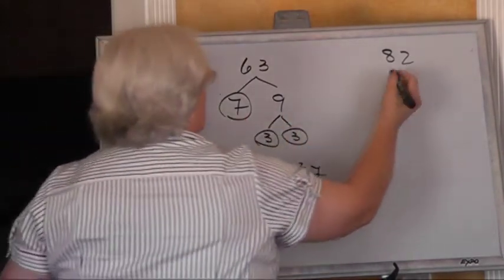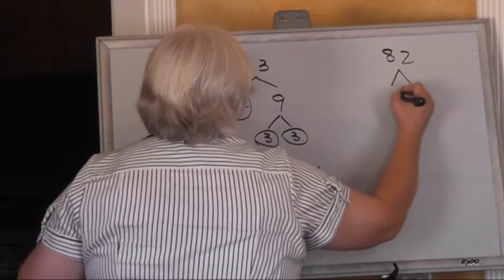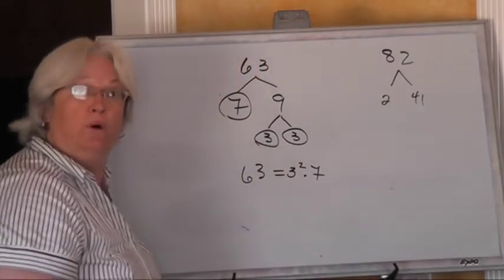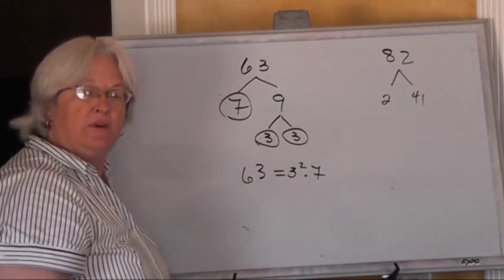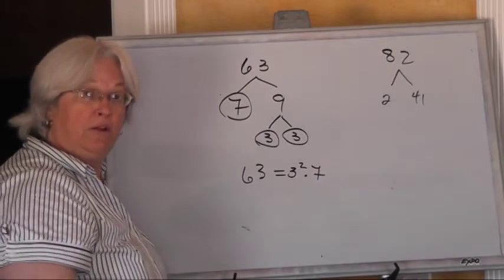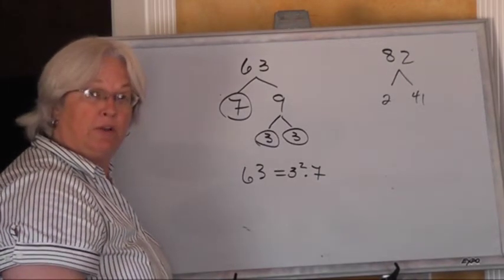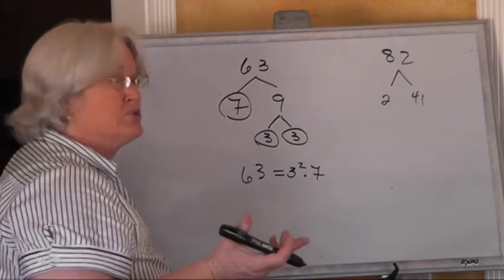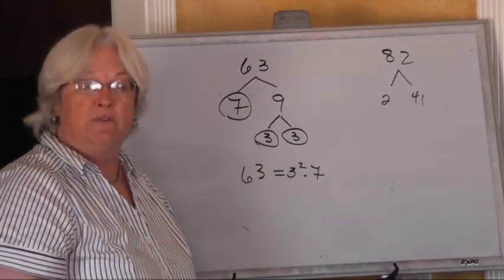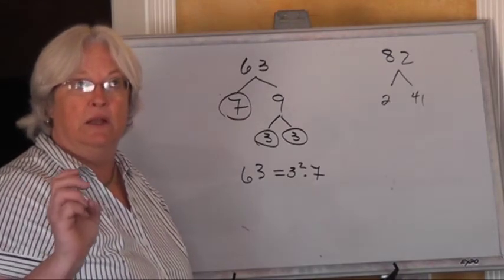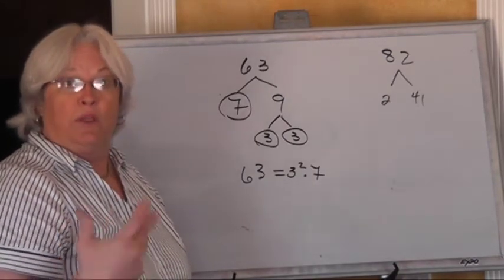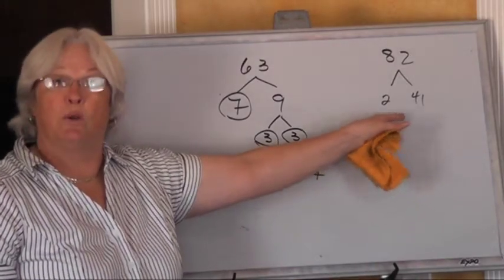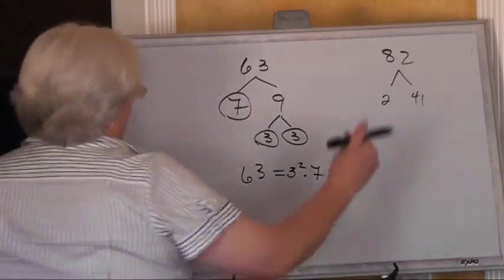Then I have 82. What I see here is not a whole lot. 2 times 41. Now I said at the beginning of the class, at the beginning of the year, that I'd like you to memorize your prime numbers, the first 10 or 12 of them. 2, 3, 5, 7, 11, 13, 17, 19, 23, 29, 31. As it turns out, 41 is also a prime number.